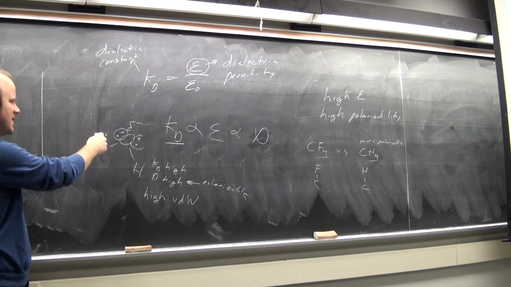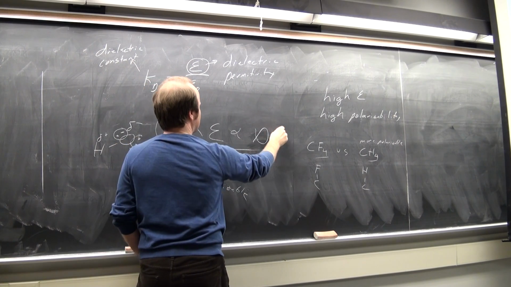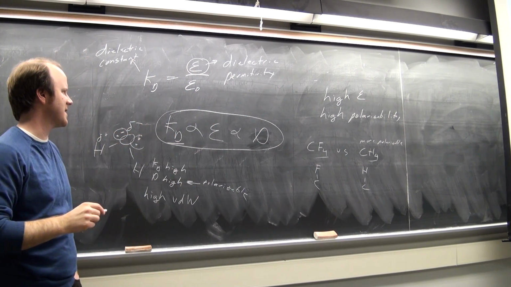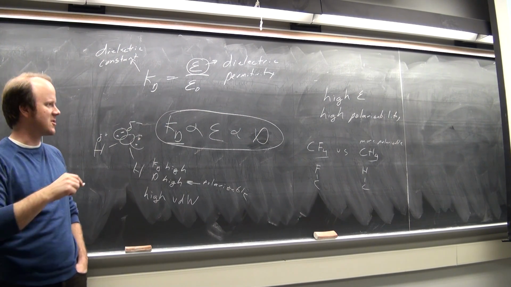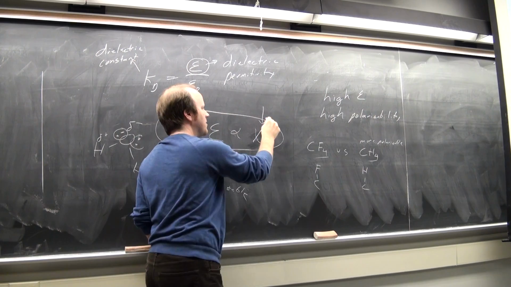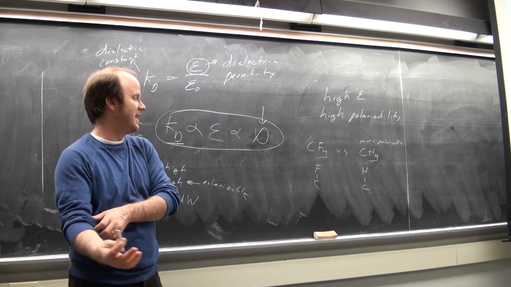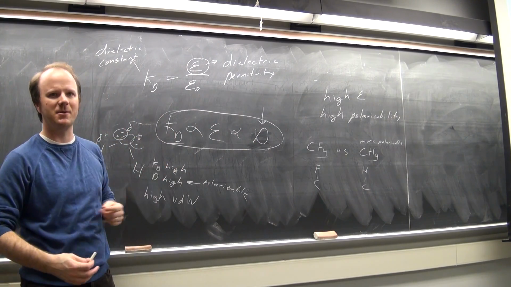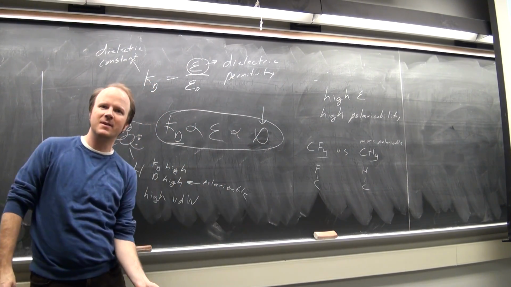It's got these extra electrons. So really, the best thing that you can think about when you think about dielectric constant, dielectric permittivity, and polarizability is look at the molecule and decide, is it high polarizability? Is it low polarizability? Why? Why not? And that will give you a clue as to these other properties. So this relationship is really important to remember.